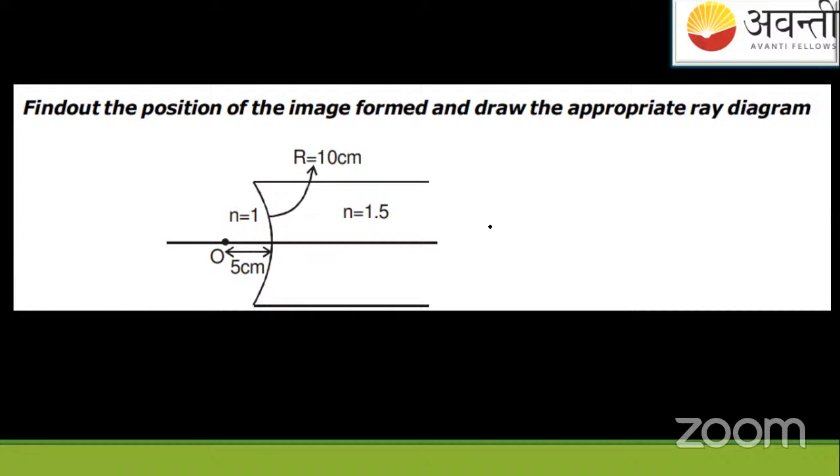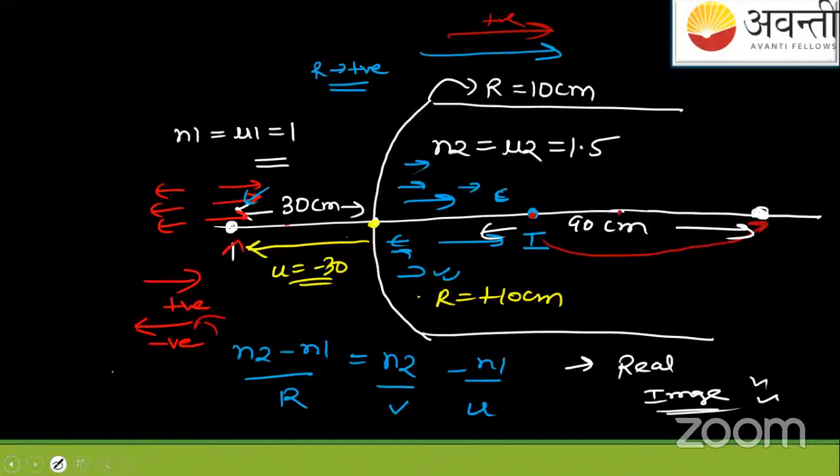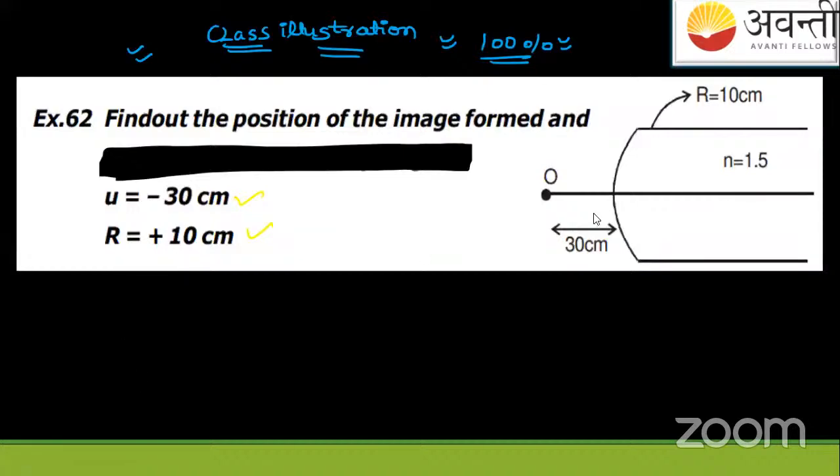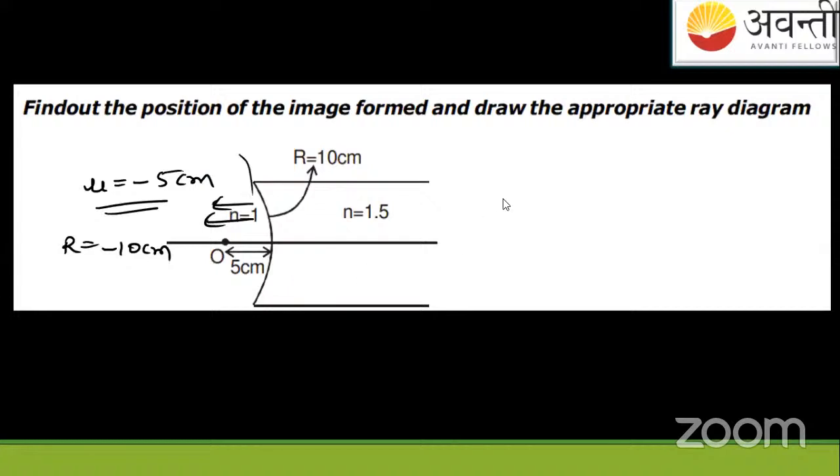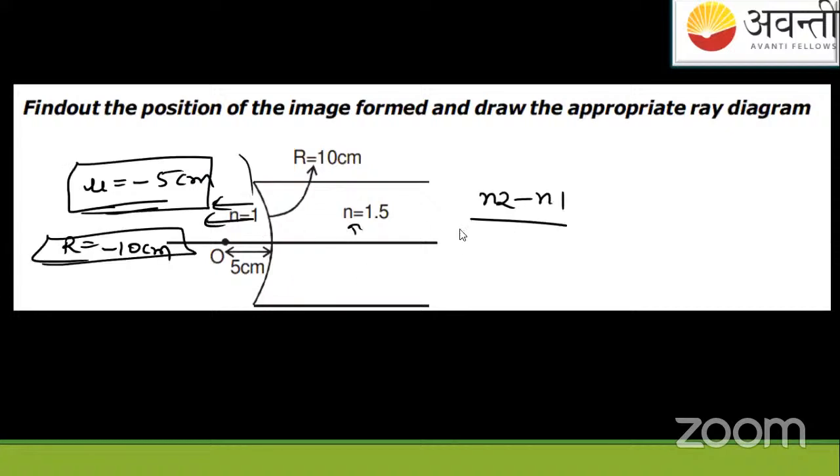For you people, let me write some sign conventions. The object distance, you will take to be minus 5 centimeter by sign conventions. The radius of curvature, since it's curved in this direction, is also in the negative direction. So we'll take r here as negative. Look, in the previous question you took r as positive. n1 is 1.